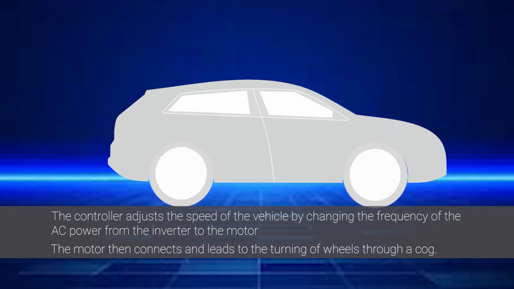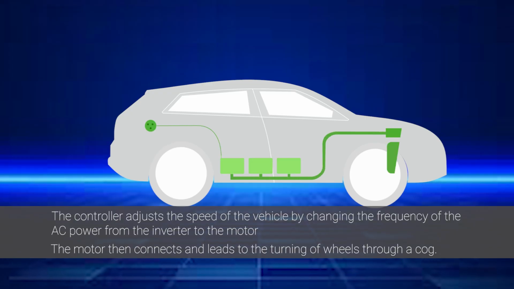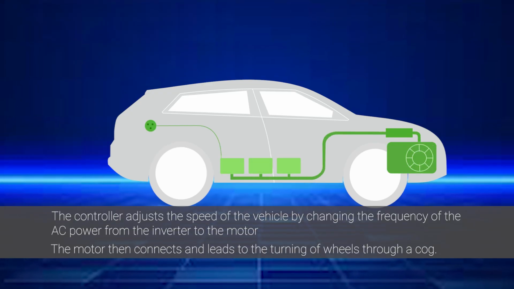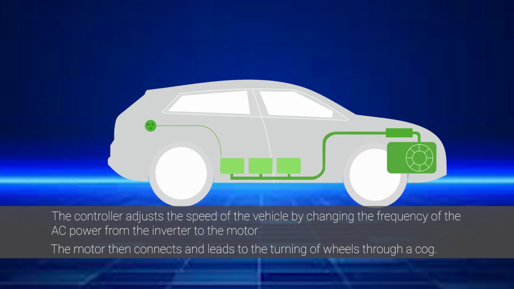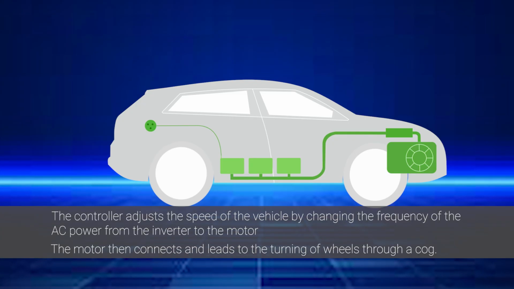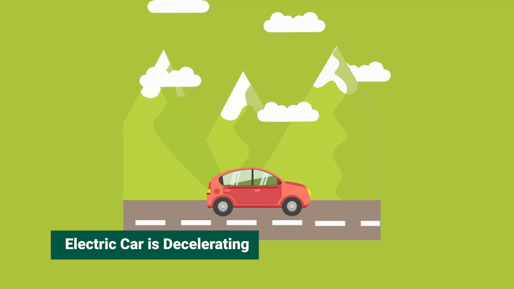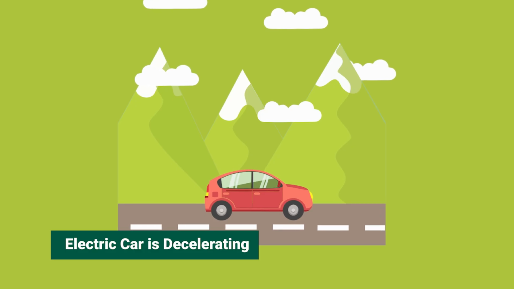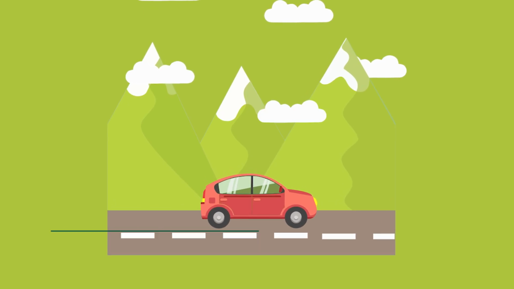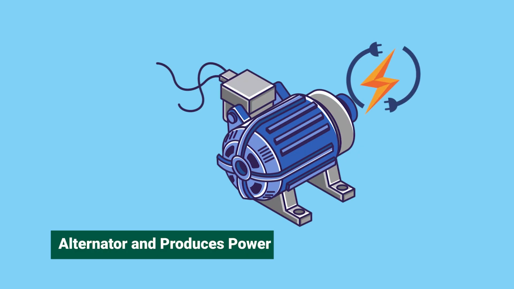The controller adjusts the speed of the vehicle by changing the frequency of the AC power from the inverter to the motor. The motor then connects and leads to the turning of wheels through a cog. If the brakes are pressed or the electric car is decelerating, the motor becomes an alternator and produces power, which is sent back to the battery.